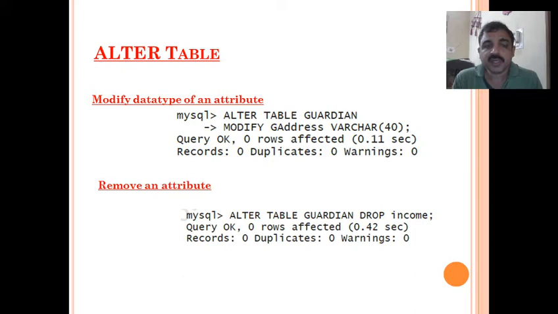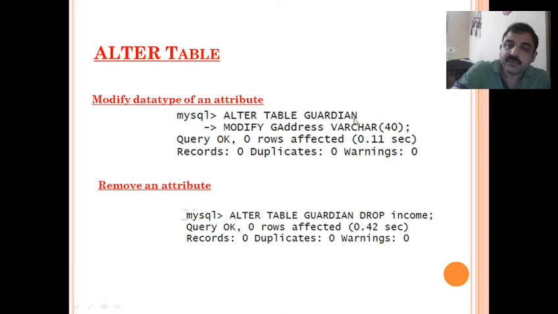Similarly, alter table can also be used for modifying and removing an attribute. How to modify? Like if you want to change a character data type to integer or integer to character, or increase the size of a particular field, you can use alter table. How to use alter table for it?